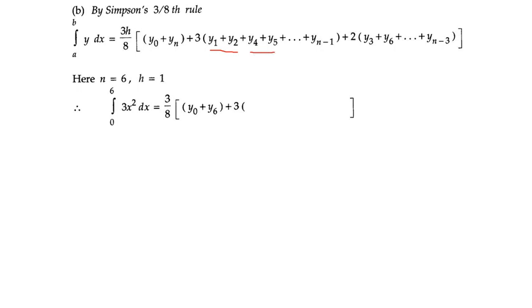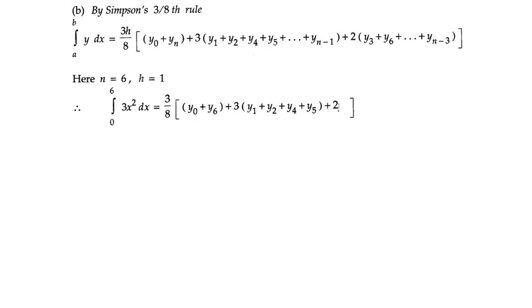That is, we write all values except multiples of 3. We have to stop here. You cannot take y7 because y6 is the last value. You cannot continue. So stop here and close the bracket.